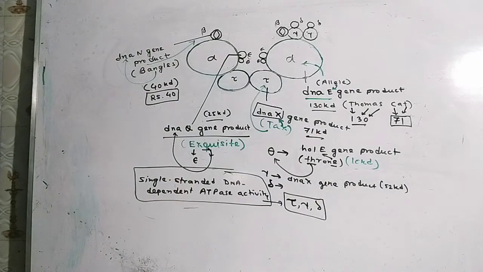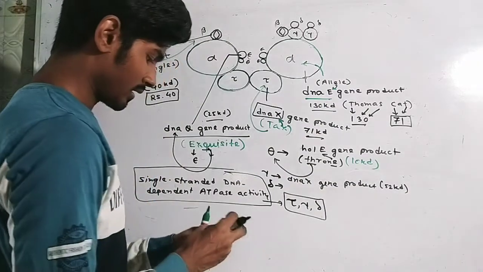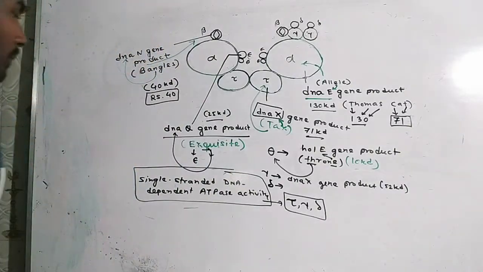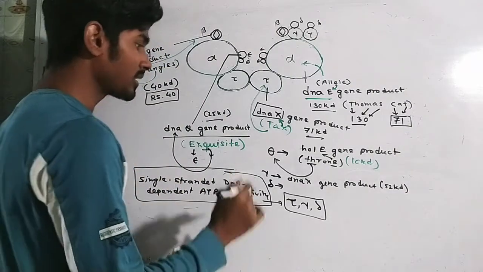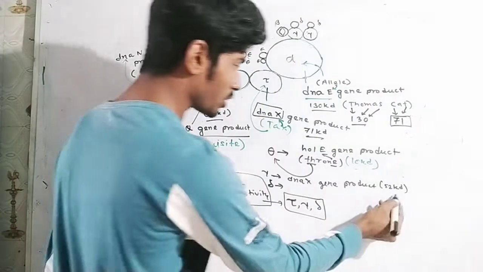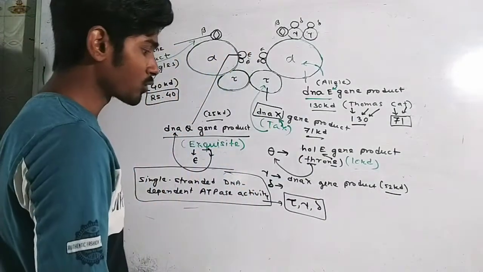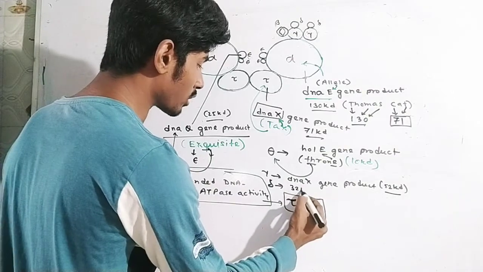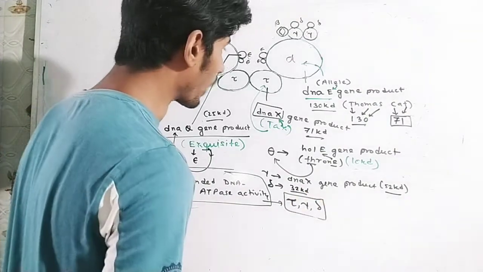That's basically the most important information about these subunits. The gamma subunit is 52 kilodalton as I have told you earlier, and the delta subunit is 32 kilodalton in molecular weight.